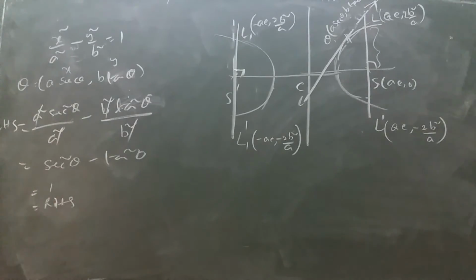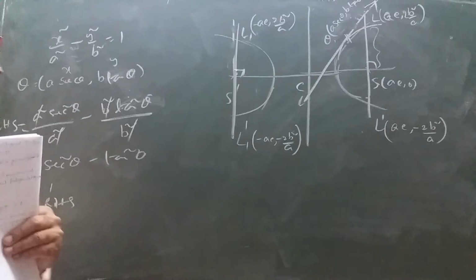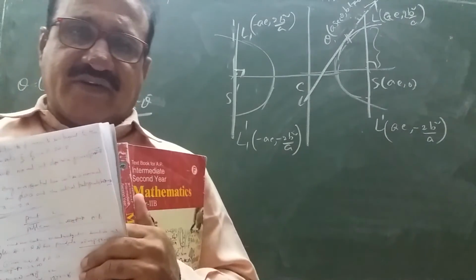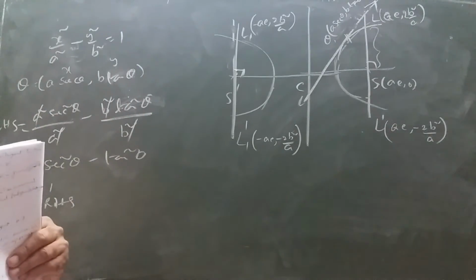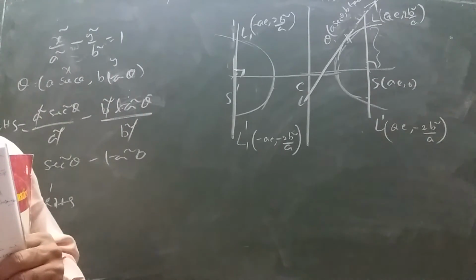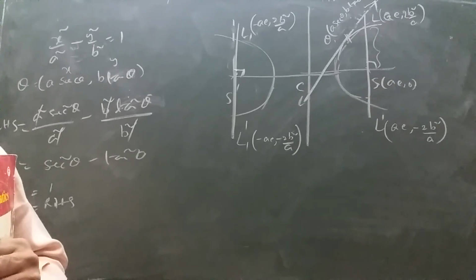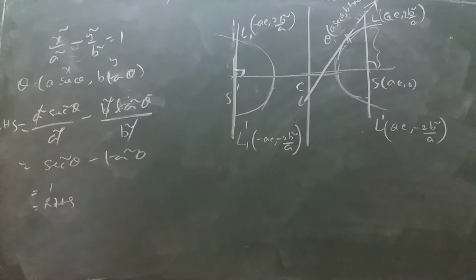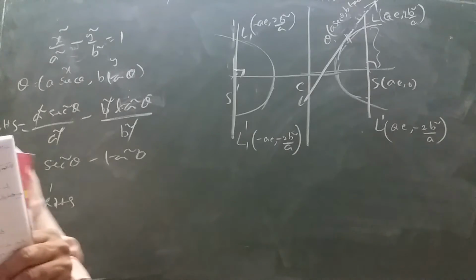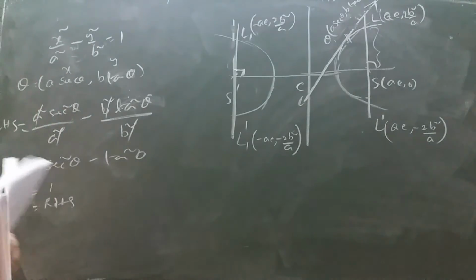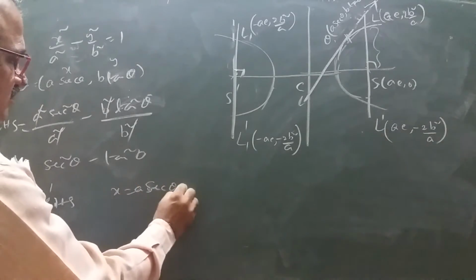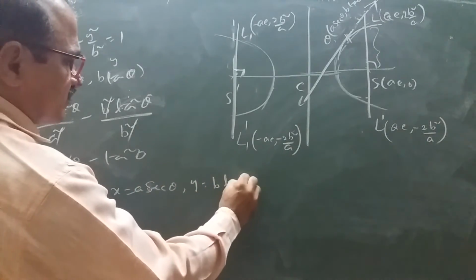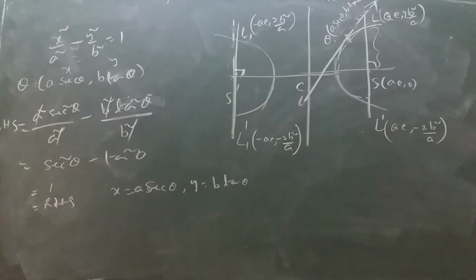By taking a secant theta, b tan theta instead of x1 and y1, this point satisfies the equation at any time on the curve, hyperbola. It satisfies the equation x square by a square minus y square by b square is equal to 1. So, x is equal to a secant theta, y is equal to b tan theta are called parametric equations, where theta is the parameter.